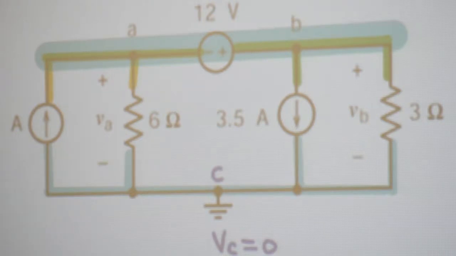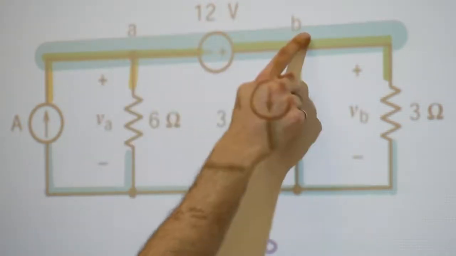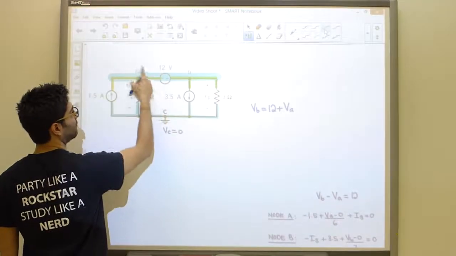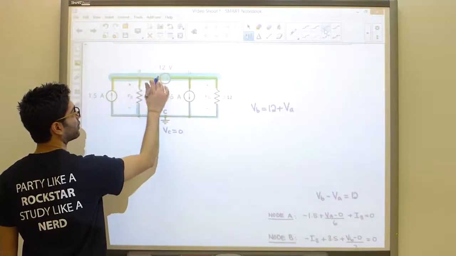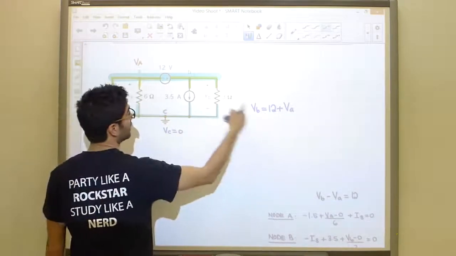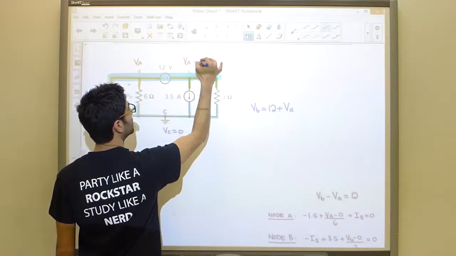The one thing we are going to maintain, though, is the relationship between VA and VB. If I'm going to call this side of my node, the side to the left of the voltage source, VA, we know from this equation that VB, this side, is nothing more than VA plus 12.